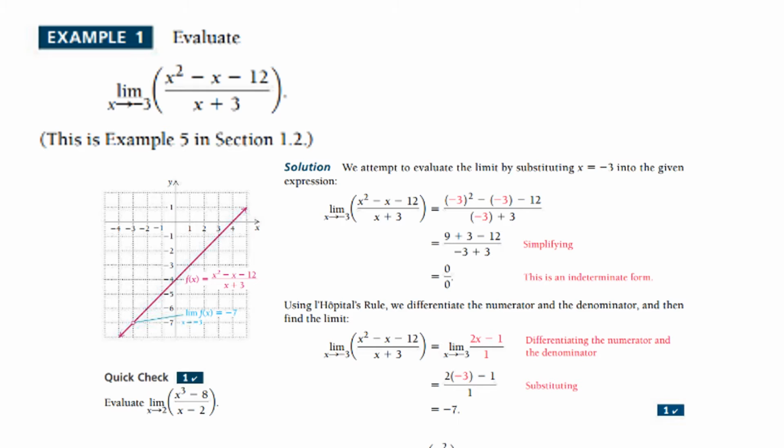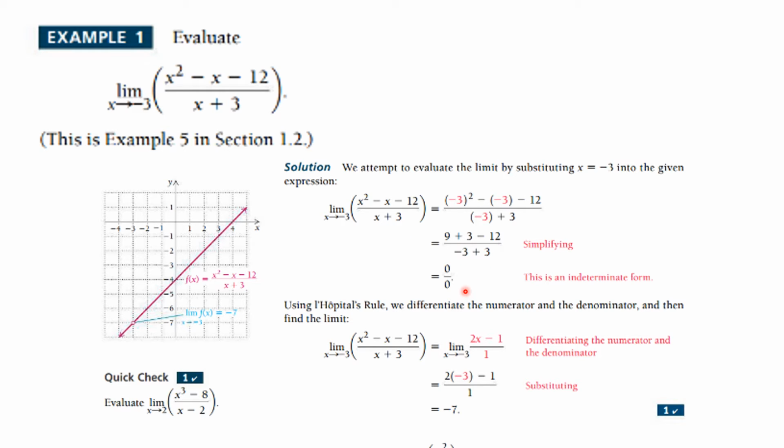Examples are worth a thousand words. And by the way, we could have done this in Chapter 1 as well. In fact, we did, and we factored the numerator and denominator and canceled out a common factor. But here we're going to use L'Hopital's rule to illustrate it. If we evaluate the limit by substituting x equal to minus 1 into the expression, we get 0 over 0.